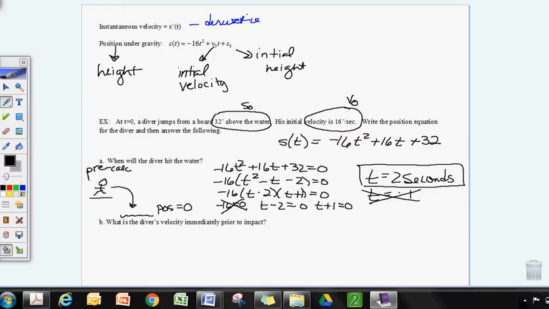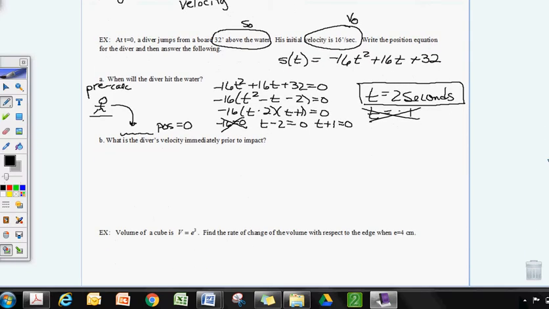So now, what is the diver's immediate velocity? Immediate means instantaneous. Instantaneous means I need to find my derivative. Okay, so my velocity is finding my derivative.